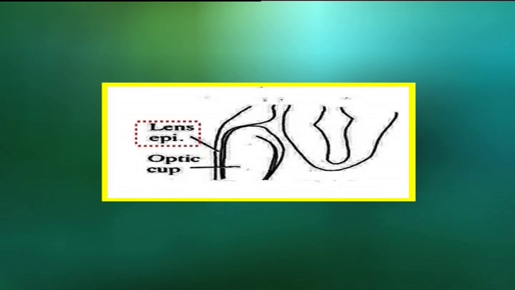The optic cup then serves as a secondary organizer, inducing the structure of the lens.